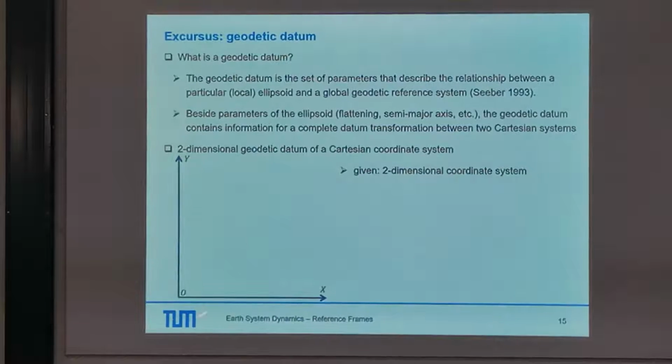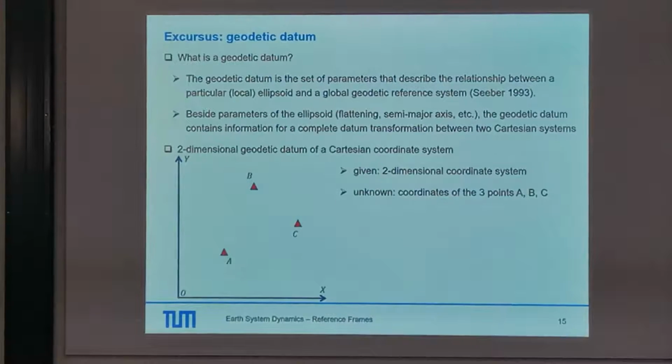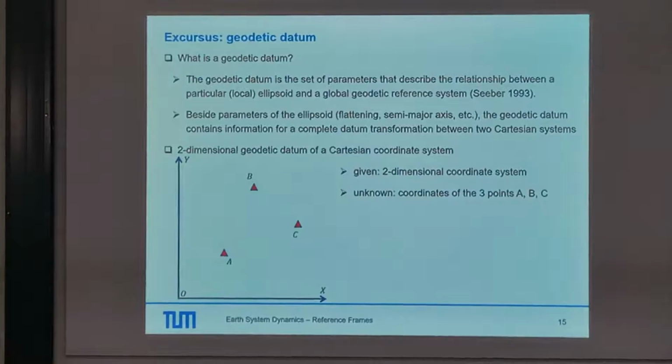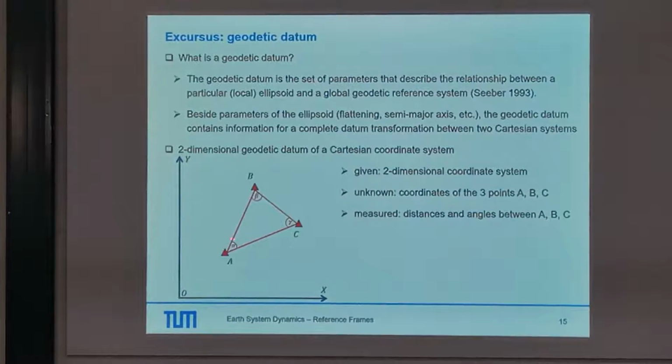You have an origin somewhere, and what you have as unknowns here are the coordinates of 3 points A, B, and C. Classical terrestrial surveying problem. So in order to get the coordinates, you measure the distances and angles between these different points. So at the end you get 3 distances and 3 angles, alpha, beta, gamma.